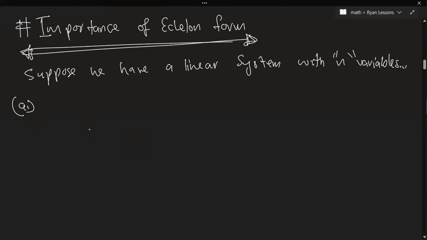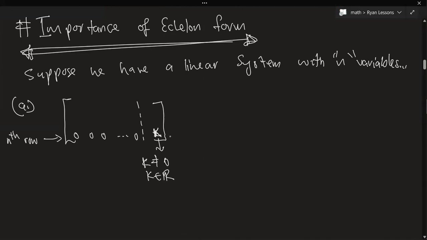And what are those three cases? The first case that can arise when you are working with a linear system and trying to express it in echelon form is that you may get a situation whereby the nth row is of this form: 0, 0, 0, 0, then some number there, which I can just call k, where k is not equal to 0, but it's just some real number.